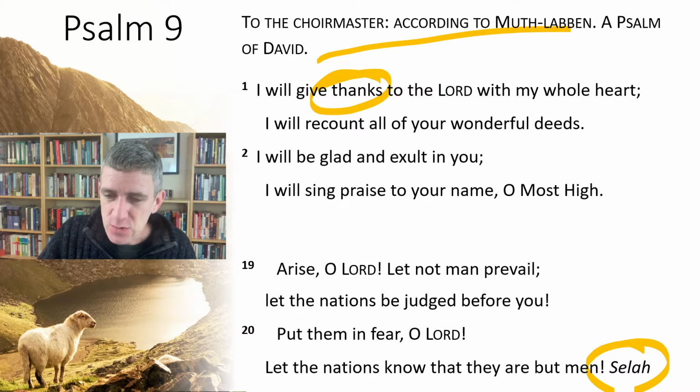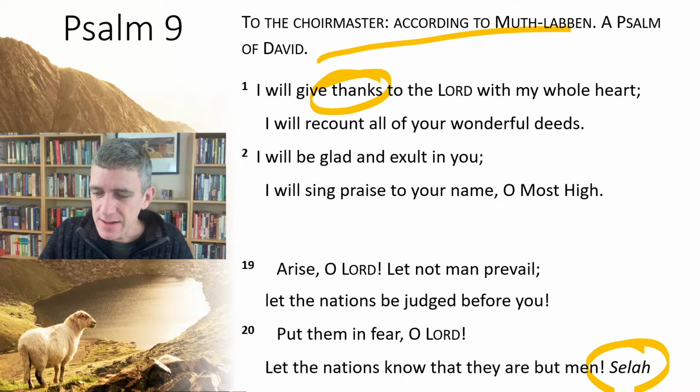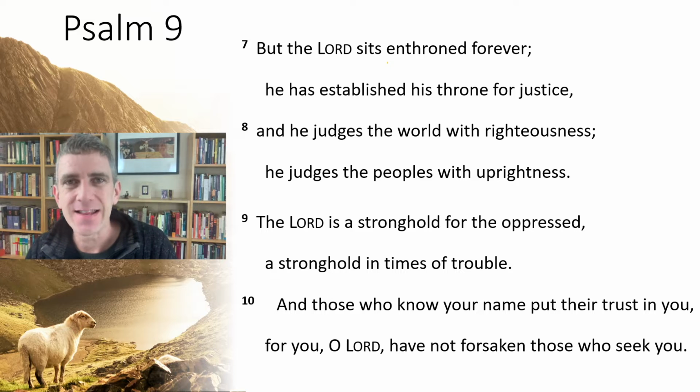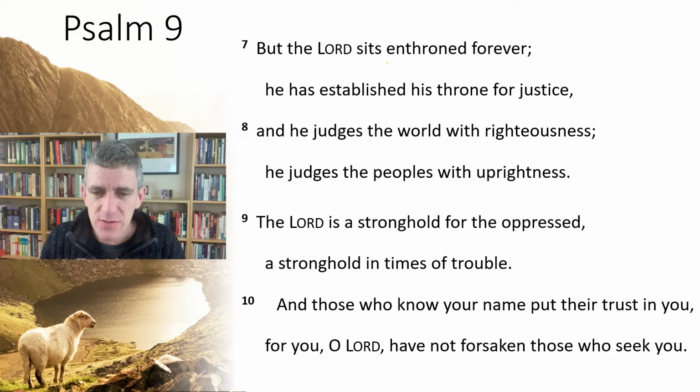So here's what I want us to notice right at the kind of middle of the psalm. Just take this little section here, 7, 8, 9, and 10. I want you to see how Hebrew poetry is built using a very basic building block. For us in English, for our poetry, we were taught about rhyme and meter and so on, old-fashioned poetry.